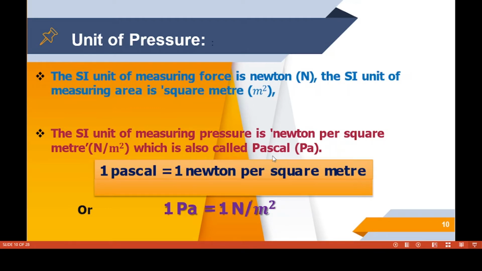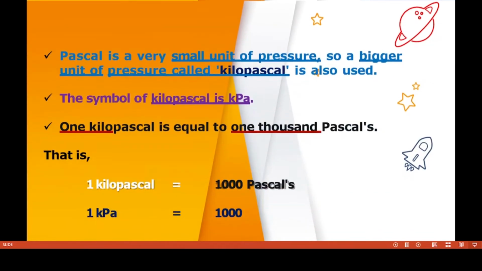Listen children, it is because of the greatest scientist Blaise Pascal that the unit was given the name Pascal. So 1 Pascal equals 1 Newton per square meter. 1 Pascal equals 1 Newton per meter square. Like this also we can say.